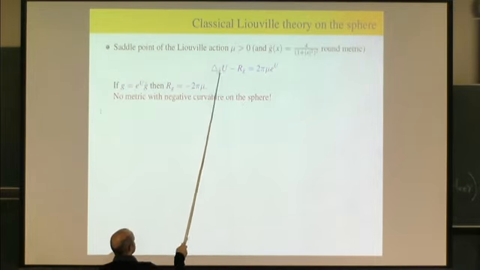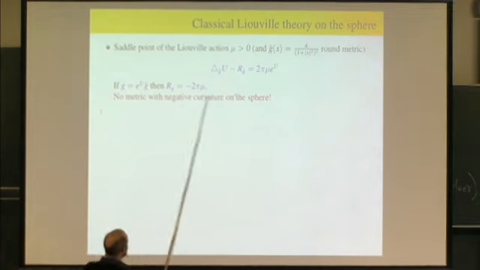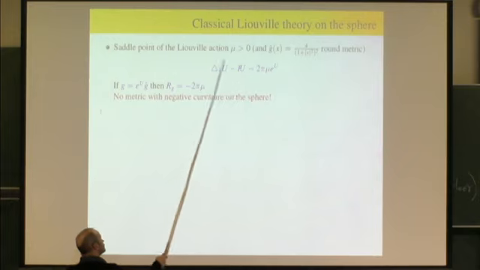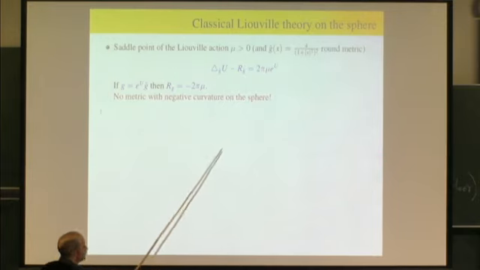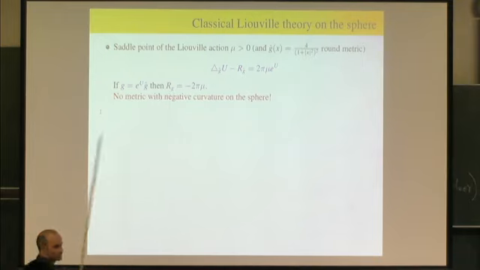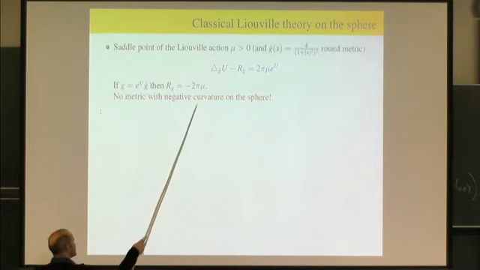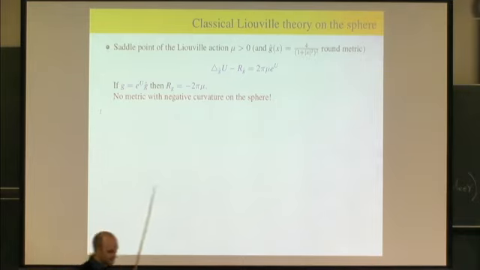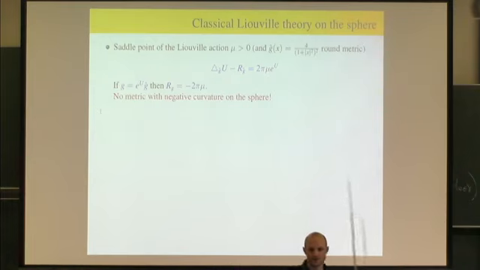Recall that G hat is the round metric, and you want to solve this equation. Let us assume for a moment that you can do so. Recall that if you define this metric, you will get a metric with a constant Ricci curvature on the sphere. The scalar curvature will be negative, and you know that this is impossible on the sphere. There is only one way of uniformizing a surface, and the sphere has positive constant scalar curvature.